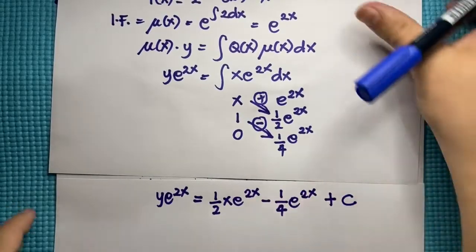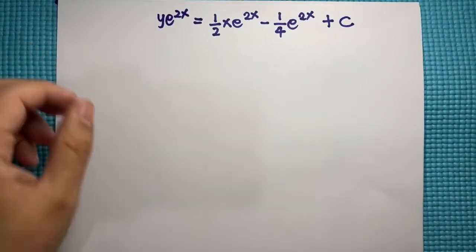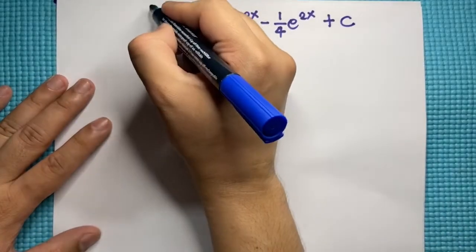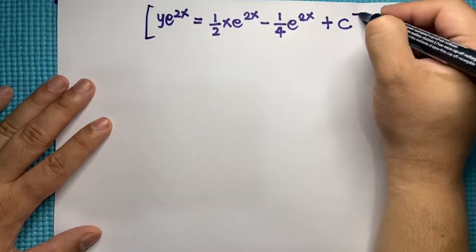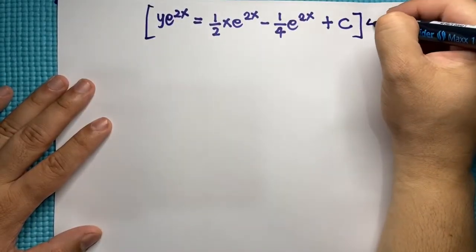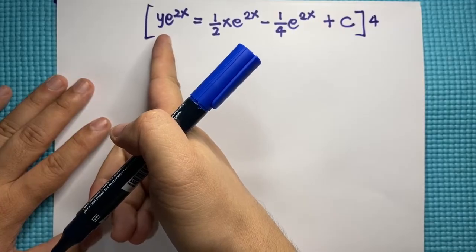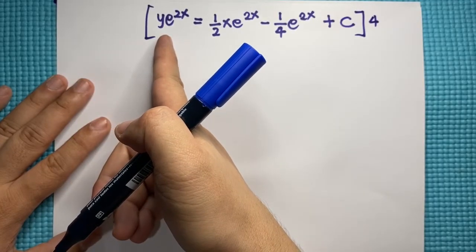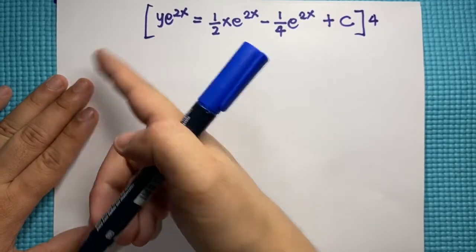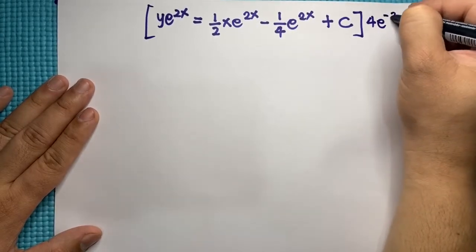And if we want to rearrange our given differential equation, we can multiply everything by 4, and then if I want to express this explicitly as y in terms of x, I'll be multiplying by e raised to negative 2x as well.